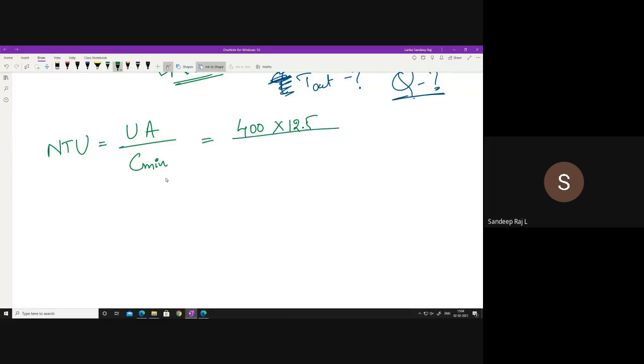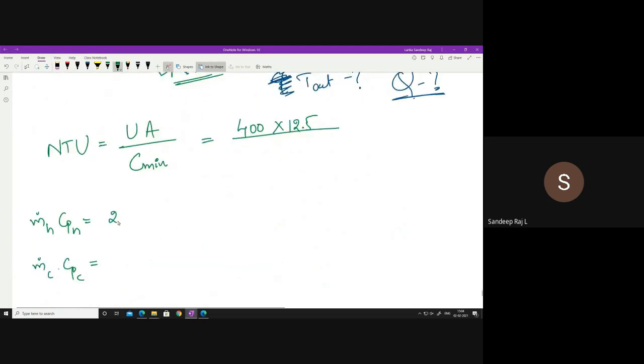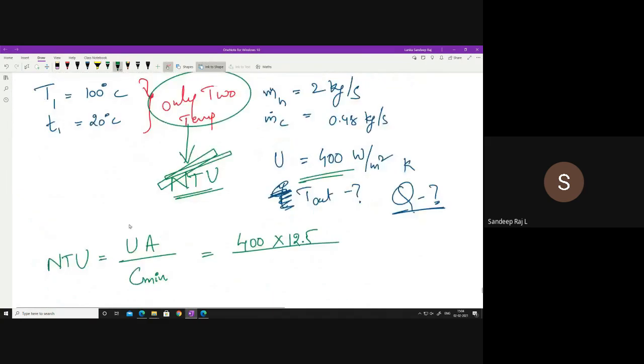Do you know C min here? For finding C min, you have to calculate M dot H and CPH, and M dot C and CPC. M dot H is given in the question. It is 2, and the CPH is also given in the question. It is 2000.